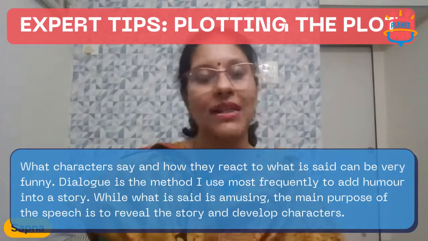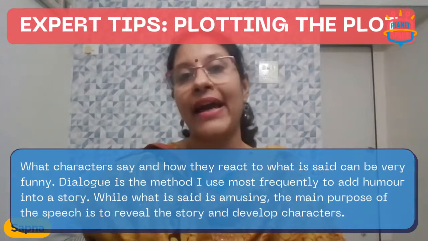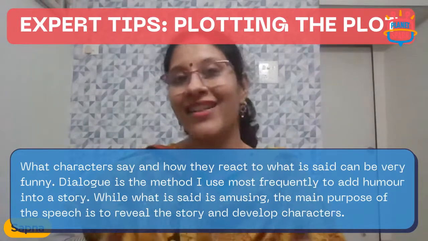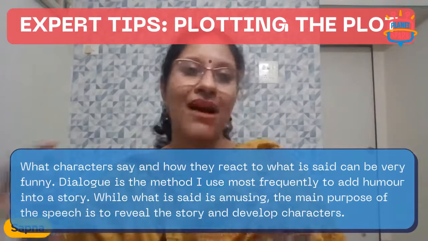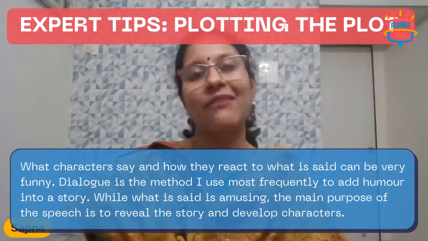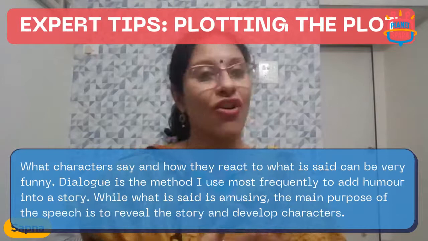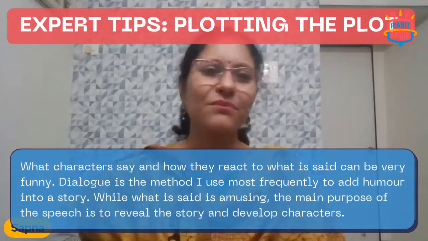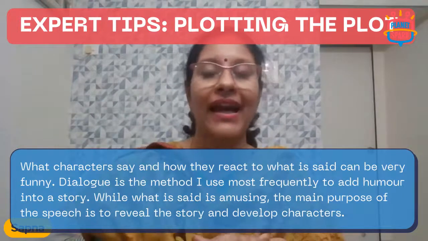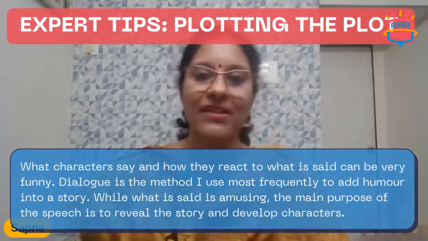Now, while that is amusing, the main purpose of the speech is to reveal the story, develop the characters, and at the same time, have your audiences pass a smile through that dialogue delivery, right? So these are some of the expert tips that we have here for you while you're writing an action comedy story. And whenever you are at it, think about the whole plot and the main event around which your comedy subplot is going to revolve, right? And these were some of the expert tips.